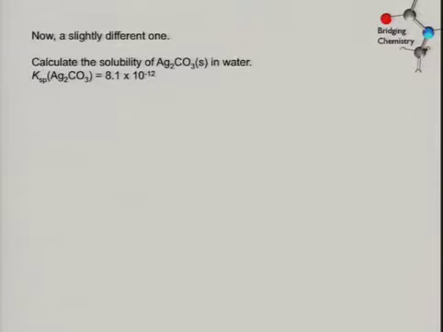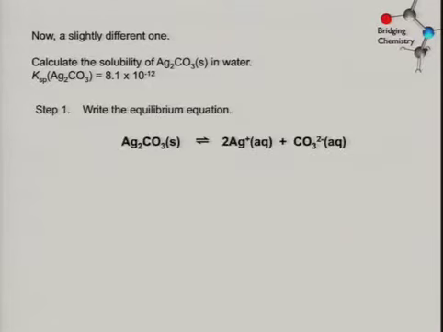And the reason why this one's different is because when we write the equation, the equilibrium equation looks like this. We have solid silver carbonate dissolving to give 2 lots of silver ions and 1 lot of carbonate ions. So it's no longer 1 to 1 to 1 balancing, it's 1 to 2 to 1.